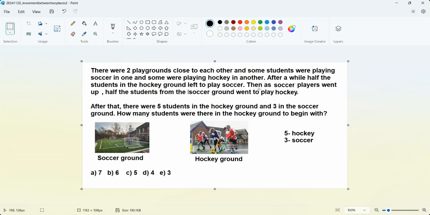It says half the students of the soccer ground went to play hockey. So we have three soccer players, and we know that we have to add back anyone who has left.